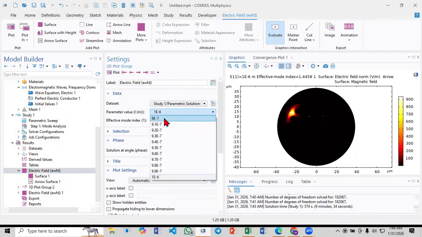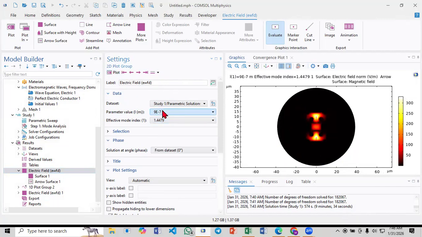Okay, so from 900, we have to find the core mode. Please take your cursor here, electric mode index, then shift it, and here is the core mode for 900 nanometer.